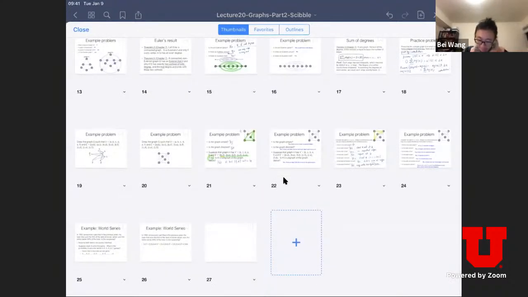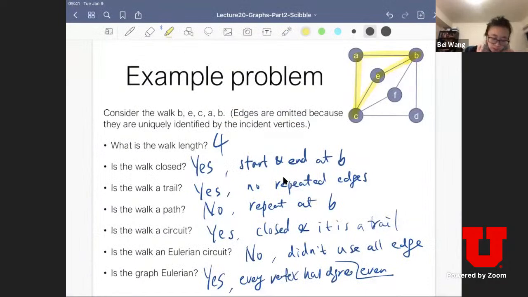Okay. So let's use the color. I can start in B. I can go to D, to C, to E, back to B, to F, to C, to A, and back to B. So this is an Eulerian circuit that uses all the edges exactly once. Okay.